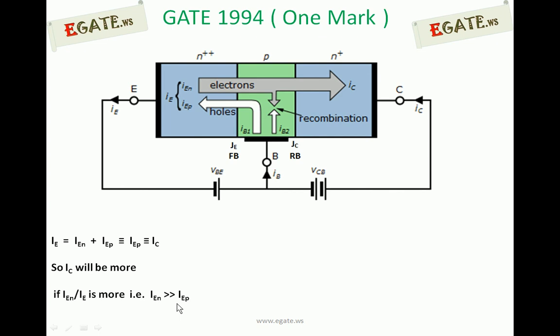So if you look at this equation, IEN by IE, that is nothing but IEN by IEN plus IEP. If IEN is very, very large compared to IEP, then IEP can be neglected. This ratio will be equal to 1. So IE is at maximum, and that is equal to IC.